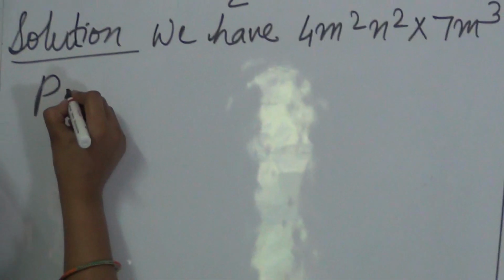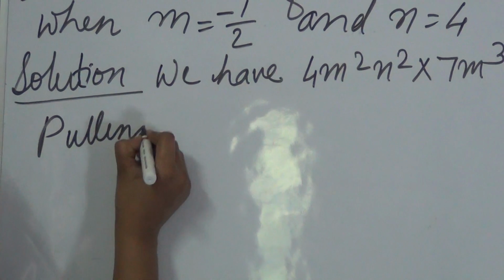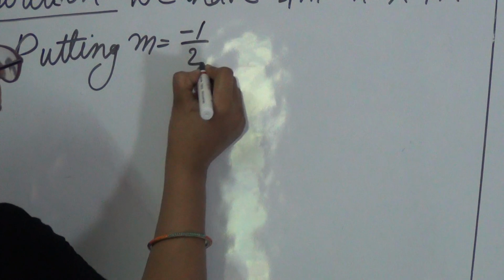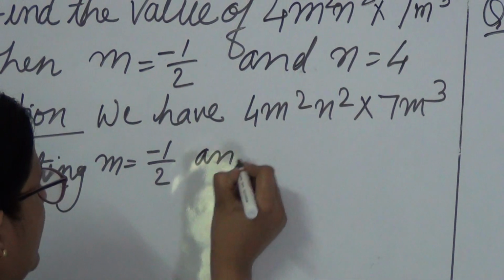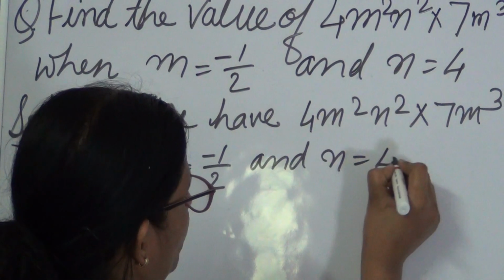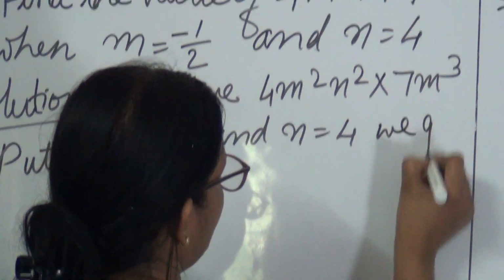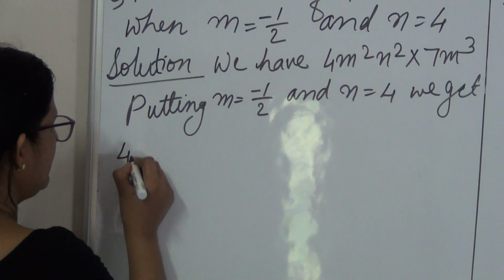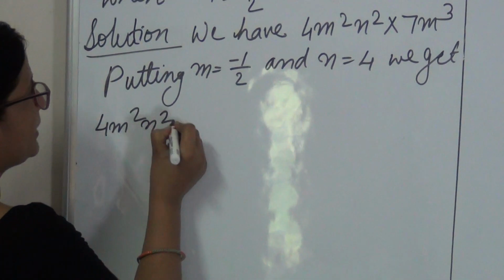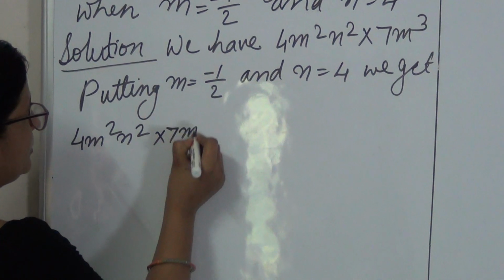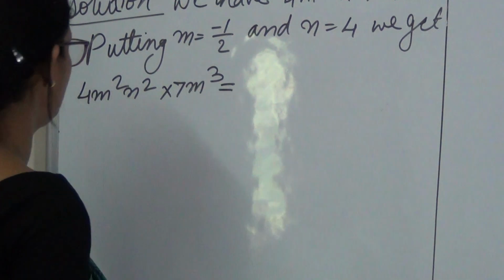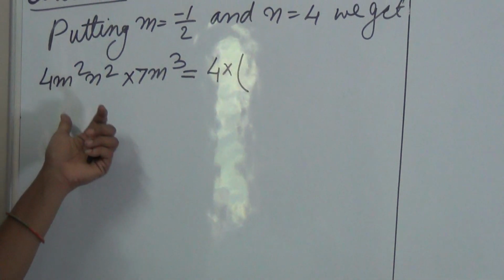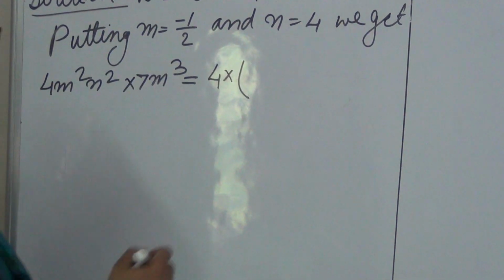Putting m is equal to minus 1 upon 2 and n is equal to 4, we get 4m square n square into 7m cube is equal to 4 into the value of m is minus 1 upon 2.